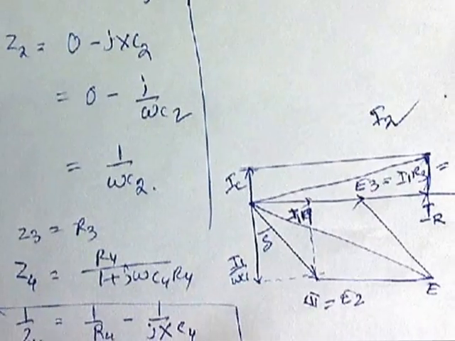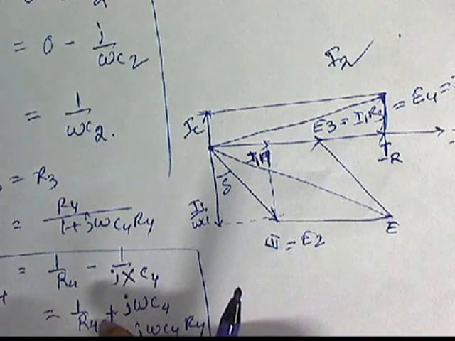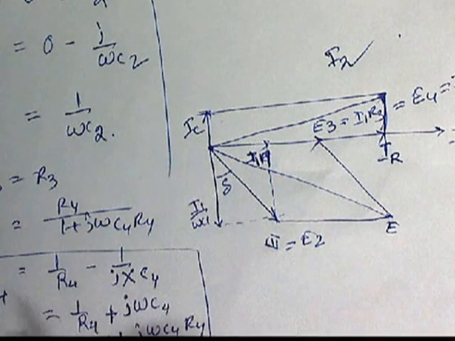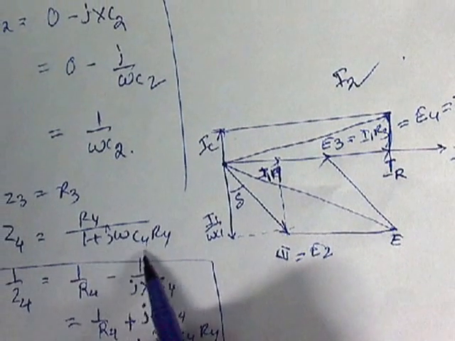Z3 is equal to R3, and Z4 is one capacitor in parallel with one resistor, so Z4 is equal to R4 by 1 plus j omega C4 R4.